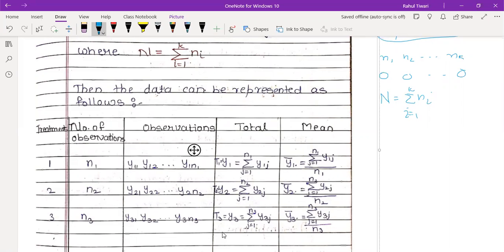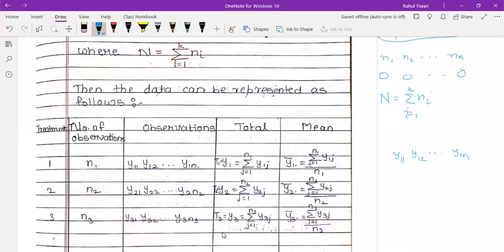So you are taking the summation over j. If you divide that by n1, what do you get? Y bar dot. Look, we have y11, y12, and so on y1n1. Everywhere the 1 is fixed, that's why it is y1.